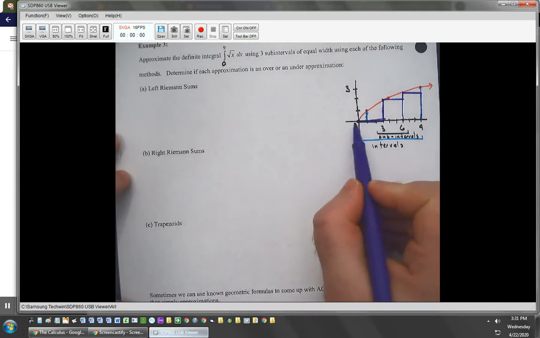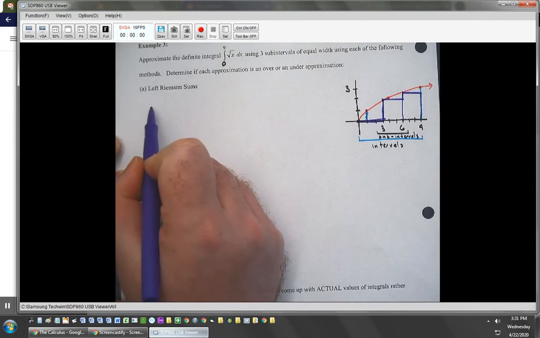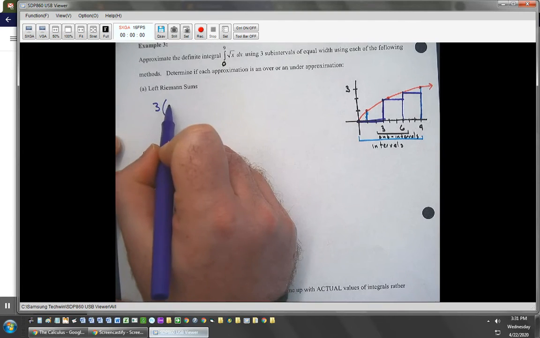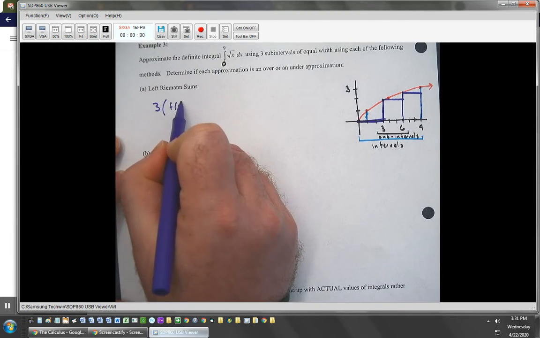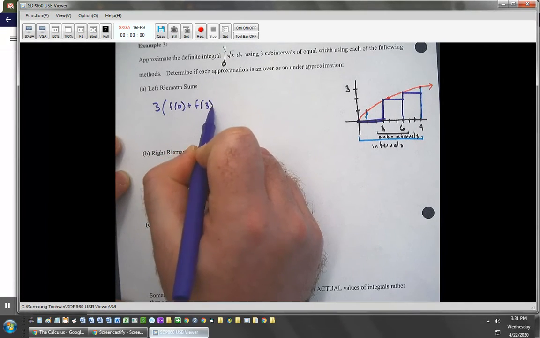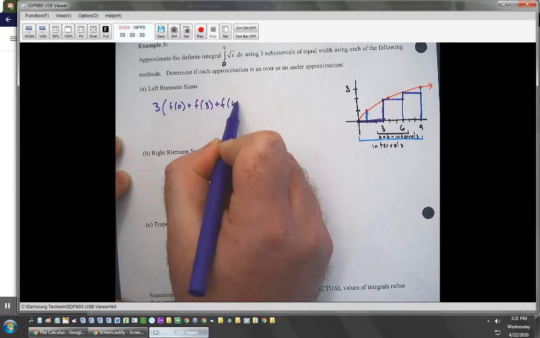All right, so how big are my gaps? My intervals are a common length of 3. My first function value is 0. Now I'll write it out. 3 times the quantity f of 0 plus f of 3 plus f of 6.